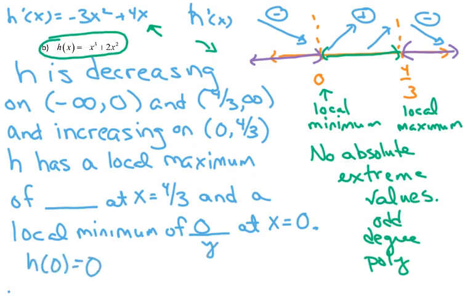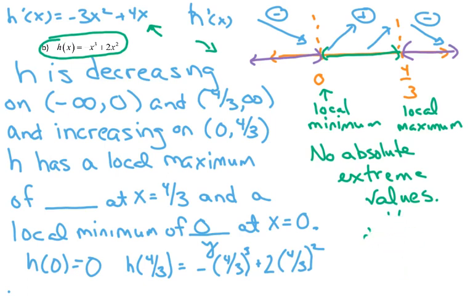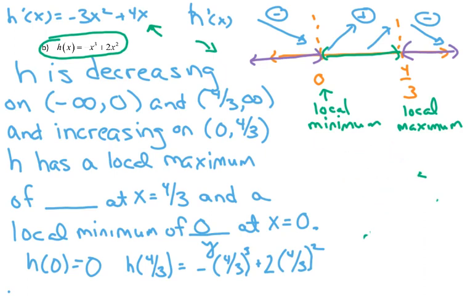Remember, these are y values that come from the original function. So what about H of 4/3? Well, I guess we're just going to have to crunch the numbers. That'd be negative 4/3 cubed plus 2 times 4/3 squared. And you can pause and do that, and I'm going to do the same. Okay, if you did this, you should have gotten 32 over 27.